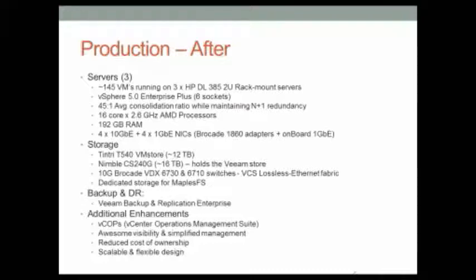The build that I have is 2 sockets, 16-core AMD processors at 2.6 gigahertz, 192 gigs of RAM, which seemed like a good number for running approximately 128 gigs of physical VMs, which would work out to about 192, taking in the N+1 redundancy of it. It's got 4 10-gig NICs on these Brocade 1860 adapters.